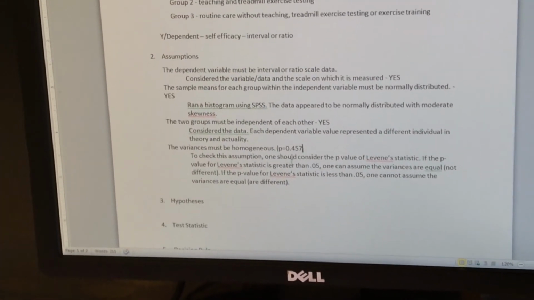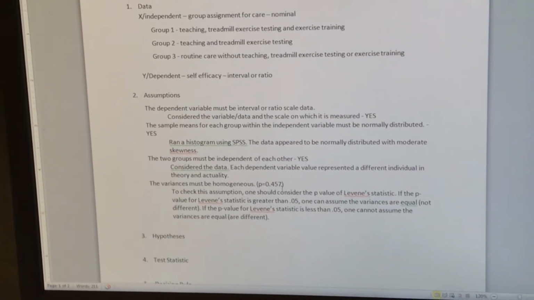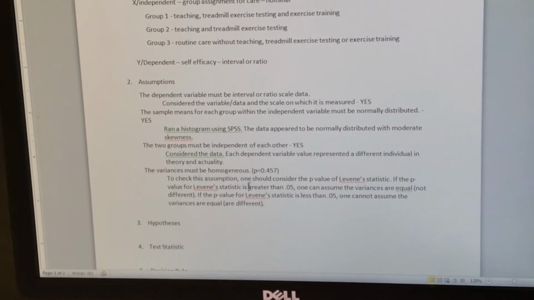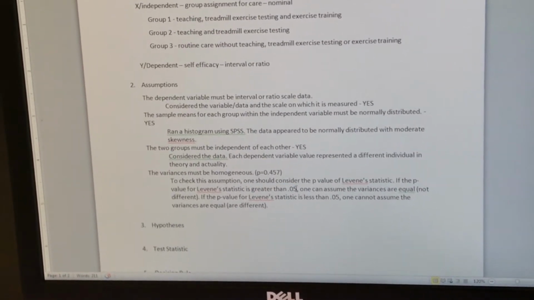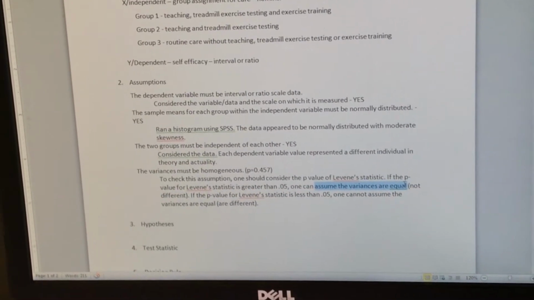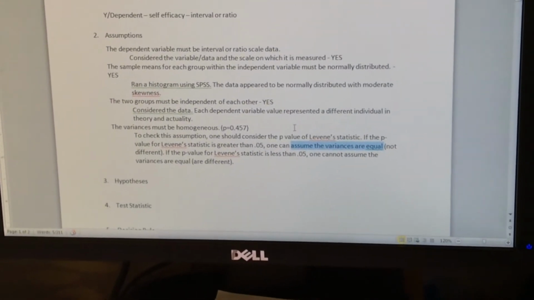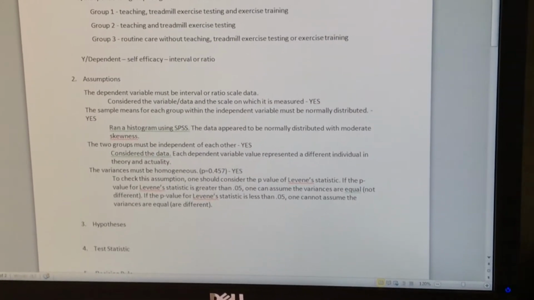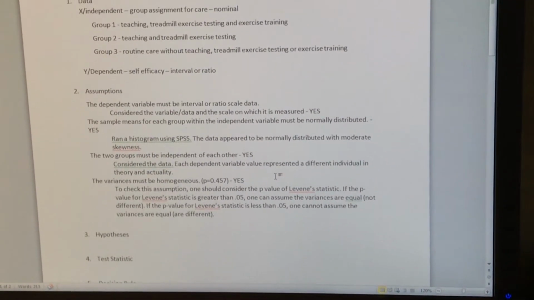So if we go back over here, I always like to include that in here. So our p-value for Levene's test is 0.457, which is greater than 0.05. So we can assume the variances are equal, which is the same as homogeneous. So we are okay on this particular assumption.